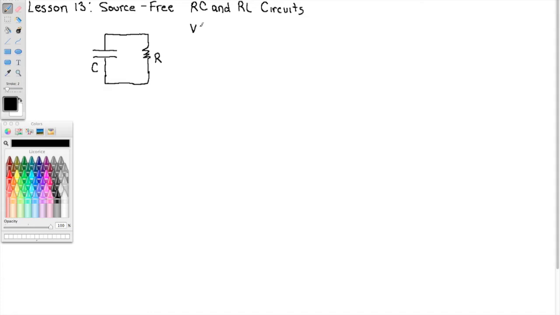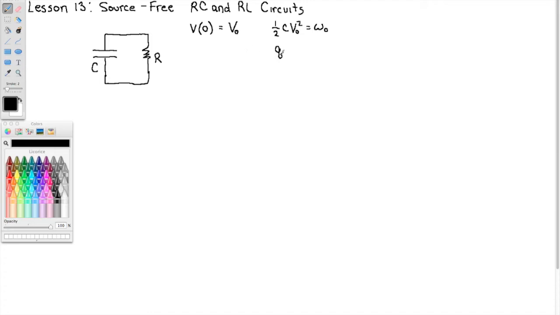We'll call the initial voltage across the capacitor V0, and recall that the energy is 1/2 CV squared, so the initial energy, we'll call that W0, is 1/2 CV0 squared.